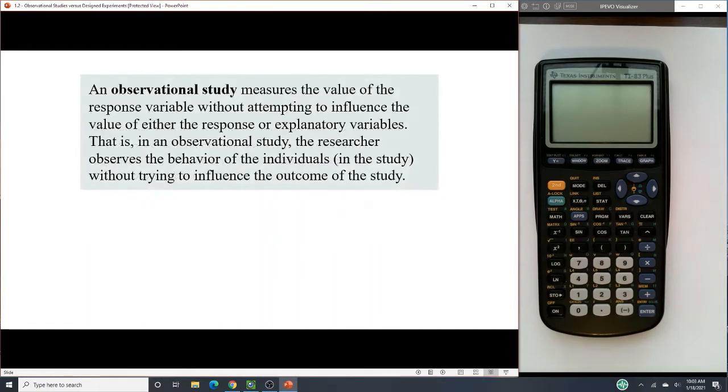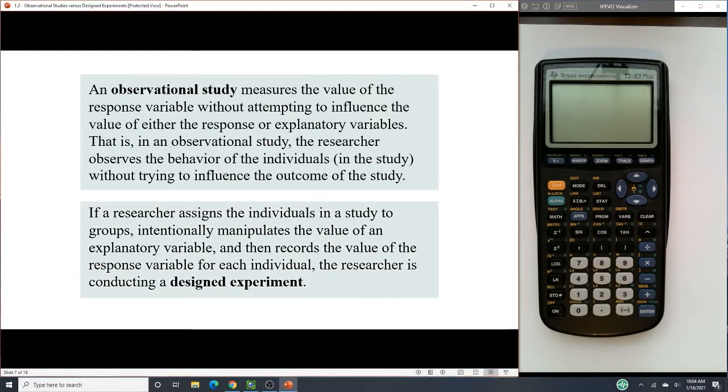Now, an observational study means that we just observe. We see what happens without changing anything, and take those observations and look at the data to see if it has any outcomes. A designed experiment is where we manipulate things.